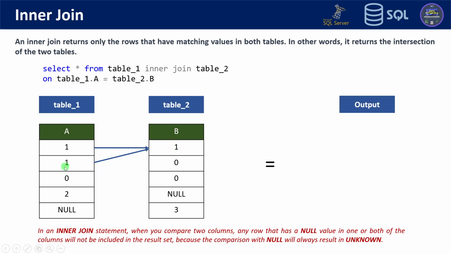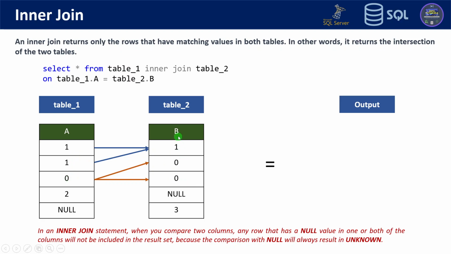There is one more value in a, the second row, which is also 1, so again it will be matched with the 1s in b, and we get these two values here. Now you can see 0 is there, and 0 will be matched with this value and with this value, from table a, or table 1.